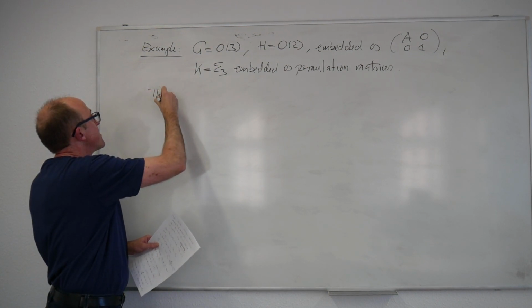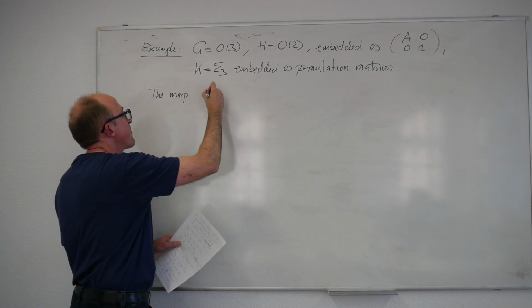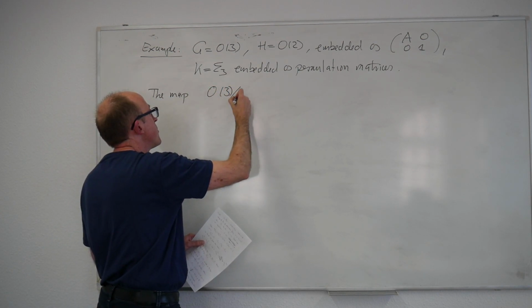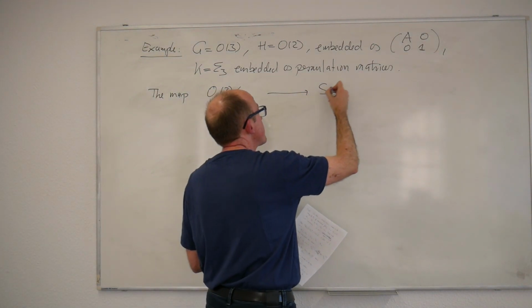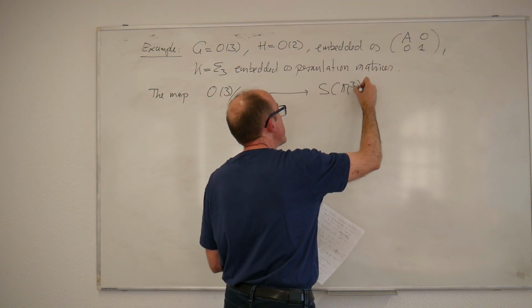So let's first look at the coset space G mod H, and there we exploit that this is a familiar space. So I can look at the map from O3 modulo O2, which would be my G mod H, and I map this to the unit sphere in R3.